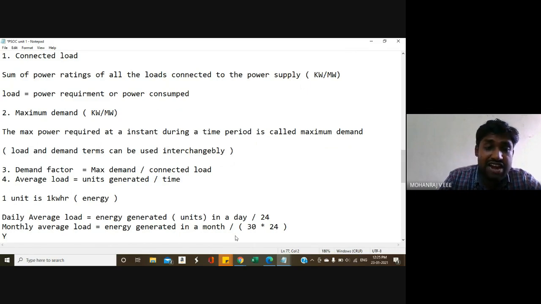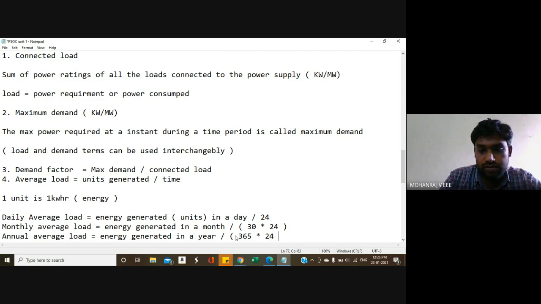Then we have our annual average load, that is yearly average load. It is equal to energy generated in a year by the number of hours in a year. The number of hours in a year is 365 into 24.